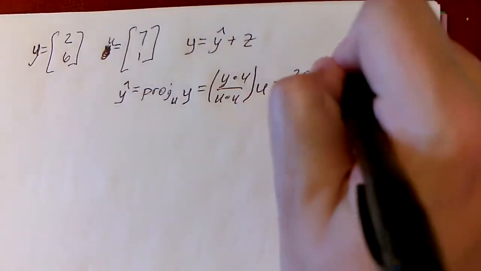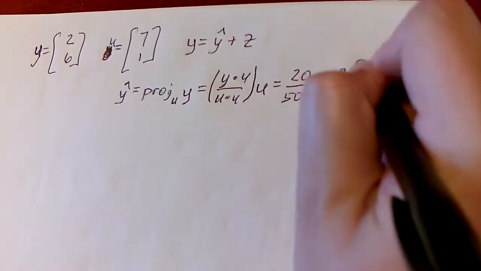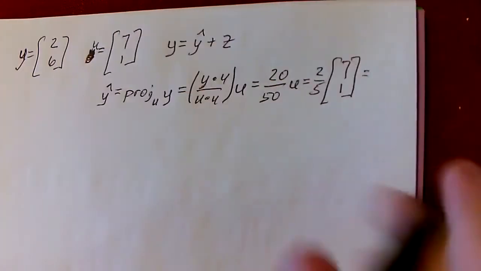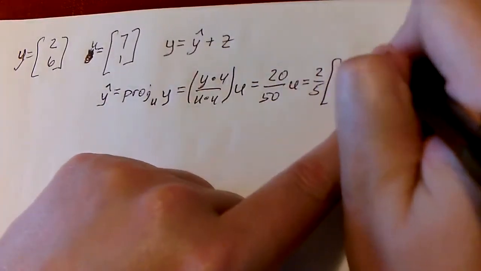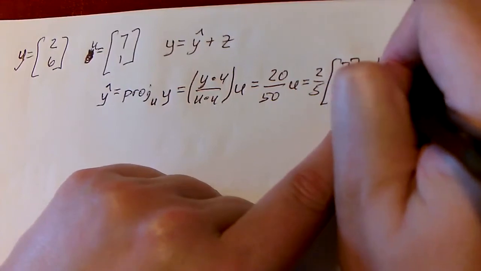So I've got 2/5 times the vector 7, 1. So I'm going to get 14/5 and 2/5.